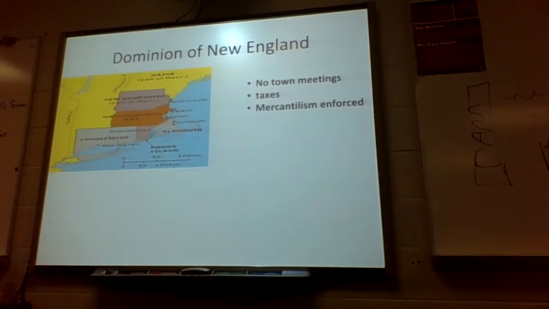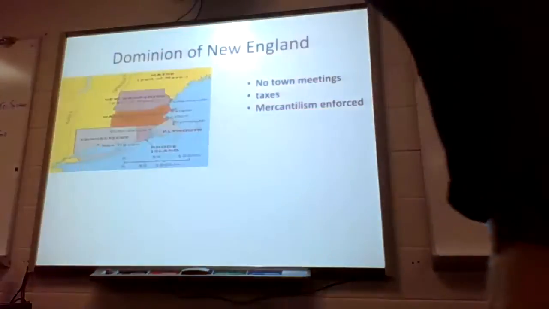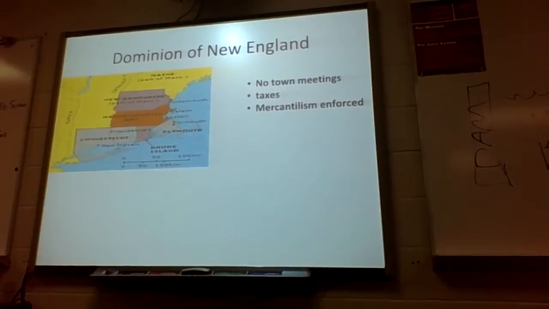All right. So anyway, this was a result of the English Crown's decision to rein in those uppity, independent colonies. Remember when I kept showing you document after document, the Mayflower Compact, we rule us, and the Fundamental Orders of Connecticut, we choose our leaders. And this is the king saying, okay, you've had your fun.